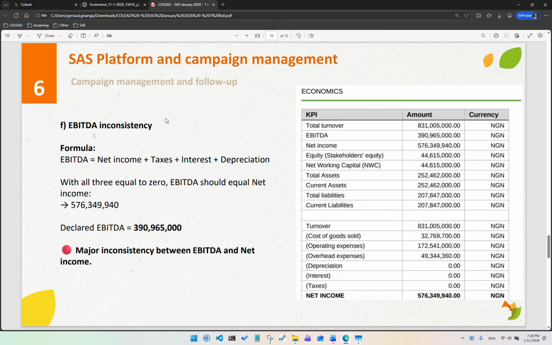Yet the reported EBITDA is far lower, indicating a major inconsistency, as you can see on my screen. So take time to check this. It's important for us at COLEAD to rate this kind of data at first level and discuss with the company to understand if the data is accurate or not.